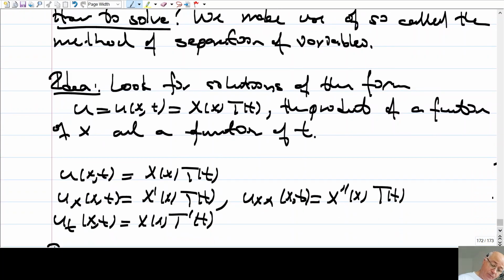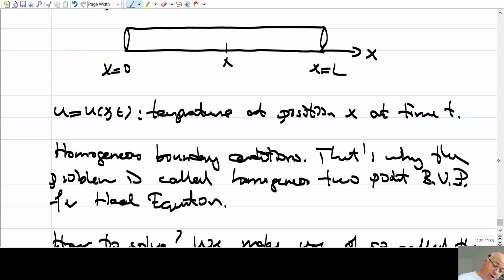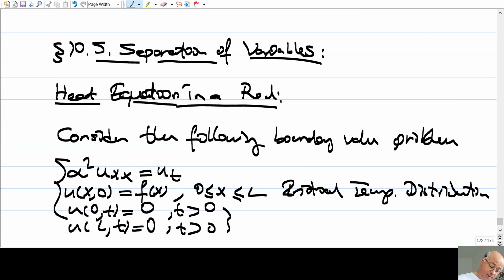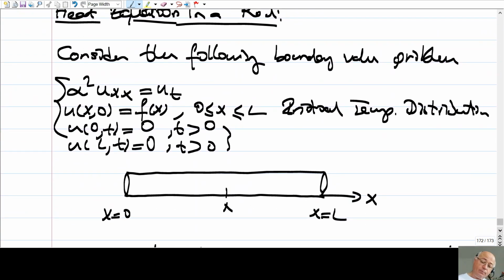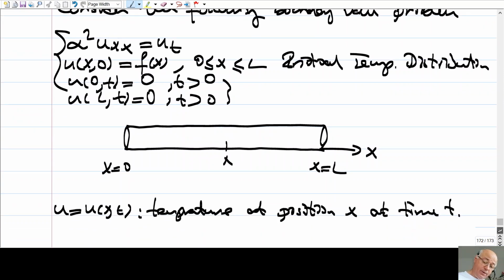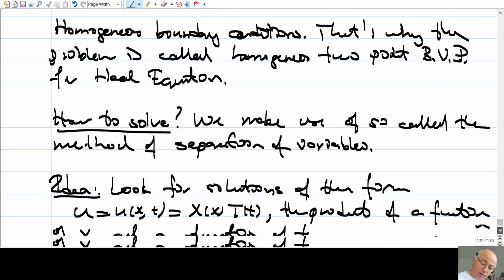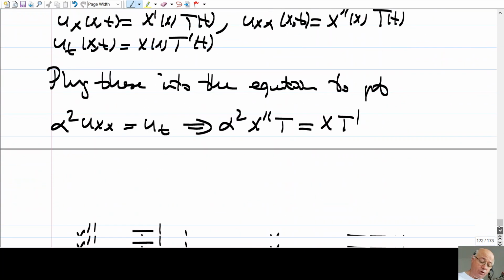Why is that? You see, our problem is this, and u equals 0 doesn't satisfy the initial temperature distribution. It satisfies the differential equation and the boundary conditions, but doesn't satisfy the initial temperature distribution condition. Therefore, u equals 0 is not something we would like to have as the solution.